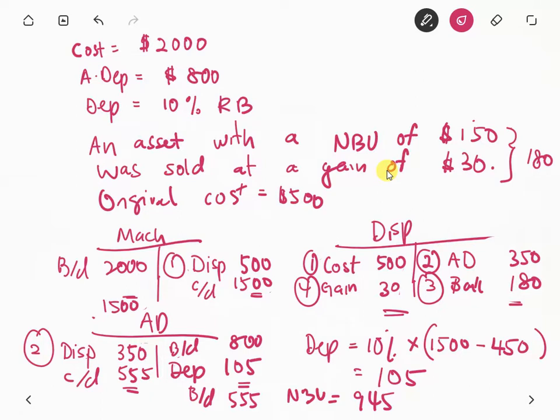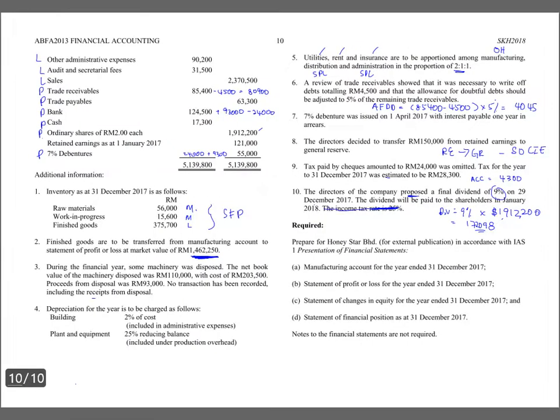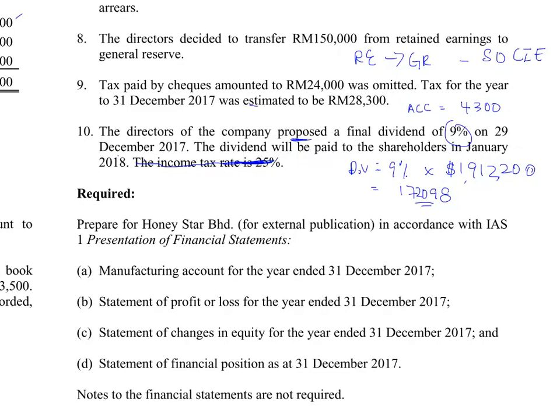Okay, so tutorial 9. Required. Prepare for Honey. External publication in accordance to IAS 1. External publication means we don't show opening, we don't show purchase, closing, we show only the cost of sales.